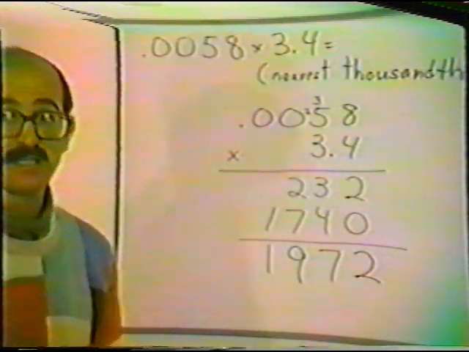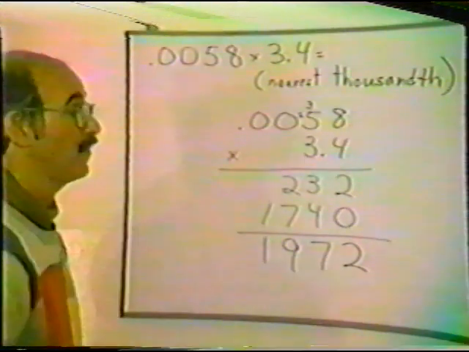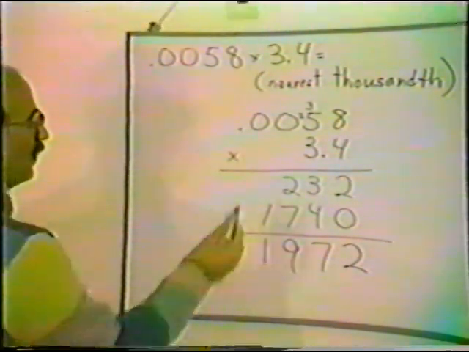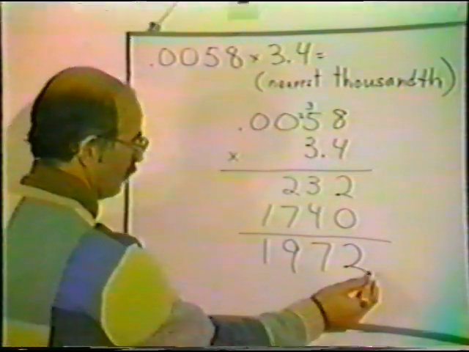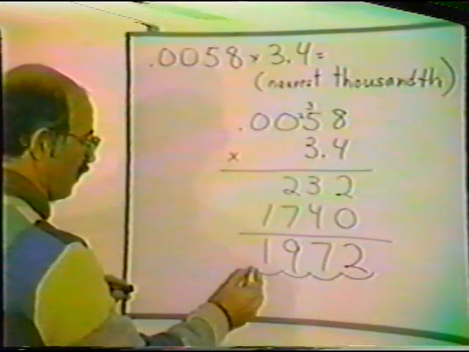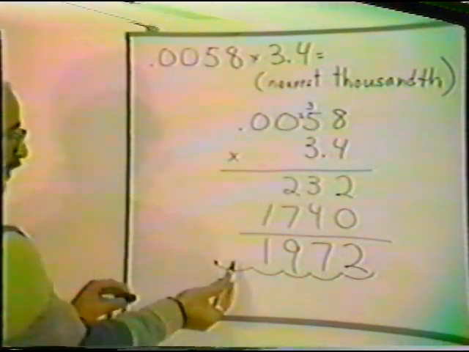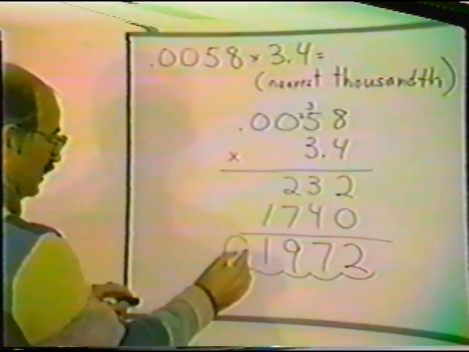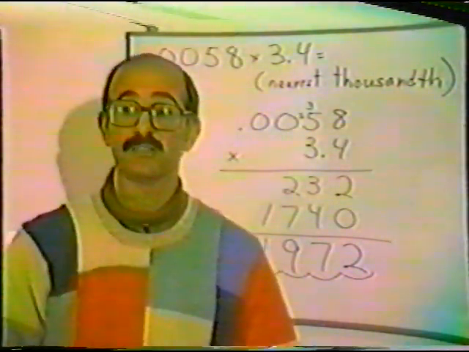How many places are there filled to the right of the decimal points? 5. 1, 2, 3, 4, 5. We go back. 1, 2, 3, 4, 5. What do we put in the empty place? 0. We are rounding off to the thousandths place.